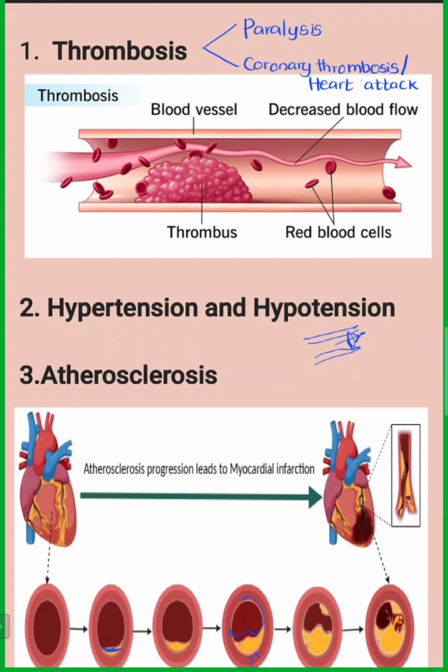To prevent these diseases, you have to have a better lifestyle. You have to avoid consuming alcohol or smoking, you have to reduce the consumption of food containing saturated fatty acids, and you have to increase the consumption of food with more fiber.